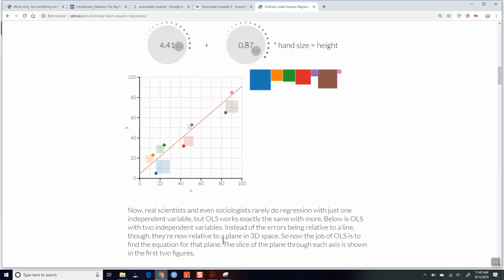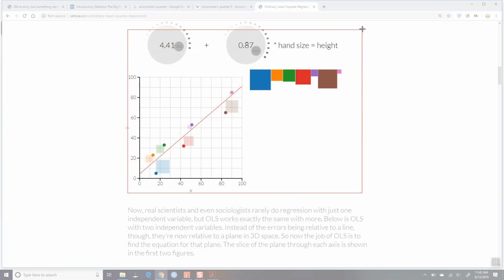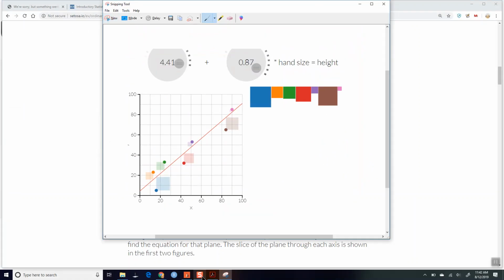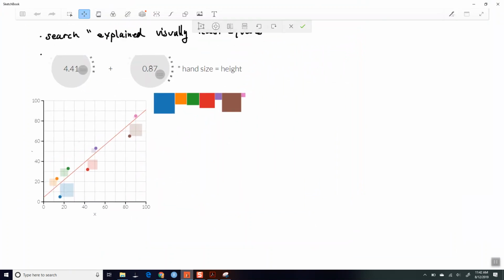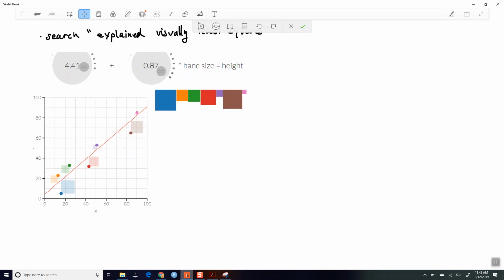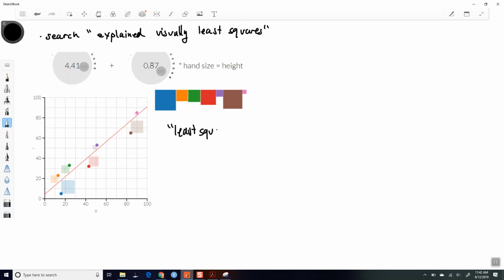You can search Google for that, and the idea is that least squares regression tries to minimize the total area of squares.